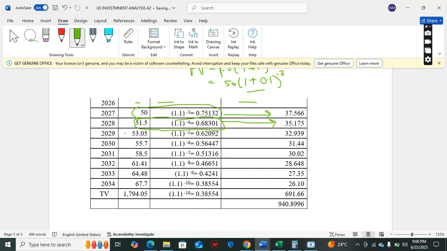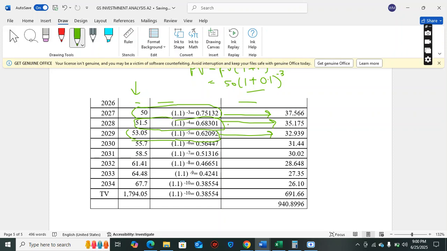Same. 2029 is 5 years from 2024. So you see, we put to the power negative 5 there. So 53.05 times 1.1 to the power negative 5, you get 32.939. Okay, remember, colleagues, these values here, the expected dividends we calculated earlier on, we're just converting them into today's value.